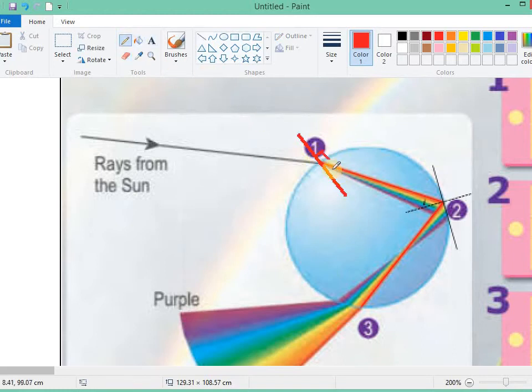This is normal. Okay, so the light undergoes refraction. And when the light undergoes refraction, you see that the light undergoes dispersion. Okay.